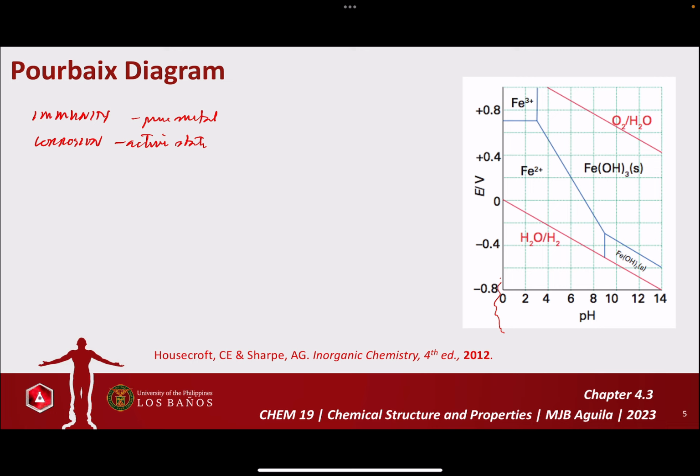When we say it is in the active state, it is in the ionic form. So what we're seeing here actually are two corrosion regions for iron. The Fe2 plus region, so this region over here, actually if you extend this, and this region over here, these are corrosion state or corrosion region for iron. So this is not the elemental state.